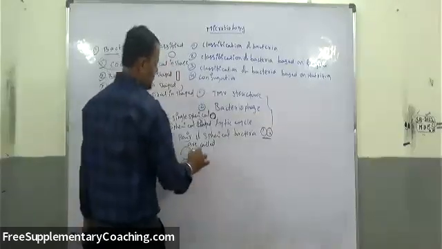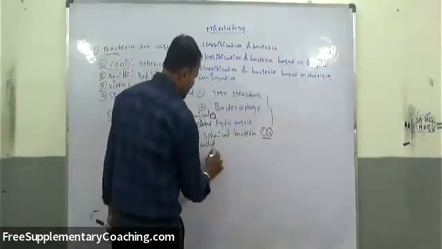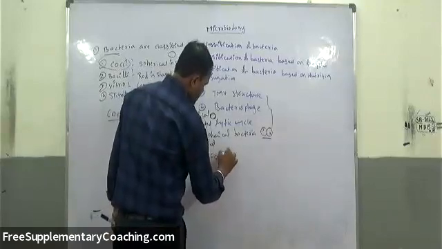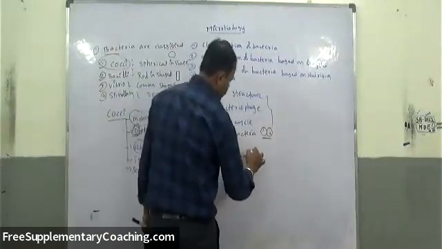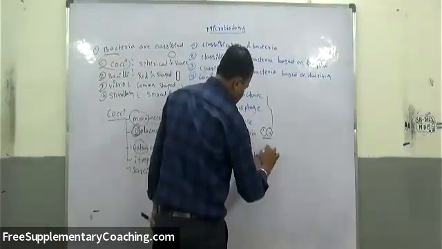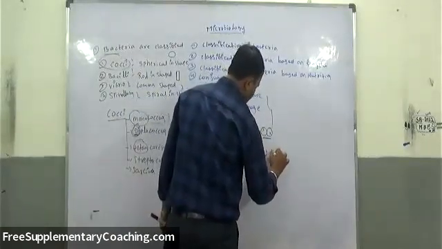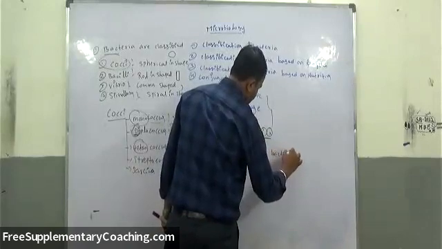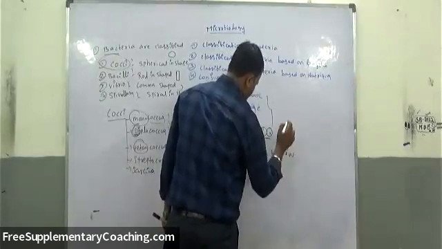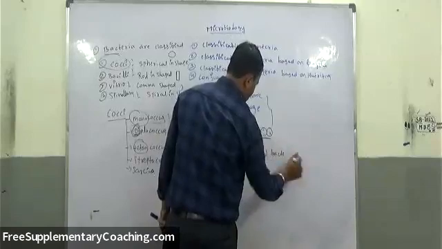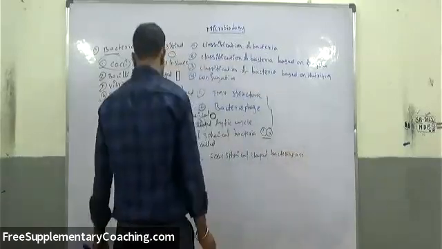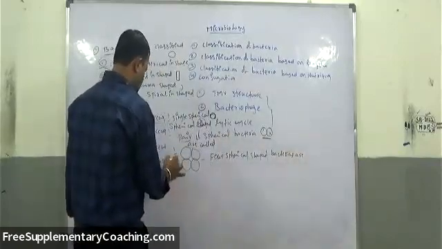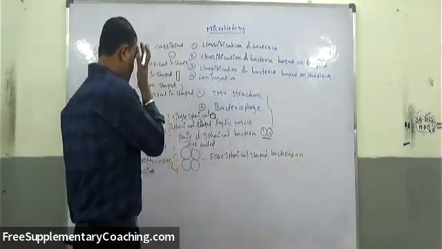Four spherical shaped bacteria are called tetracoccus. Next is streptococcus.